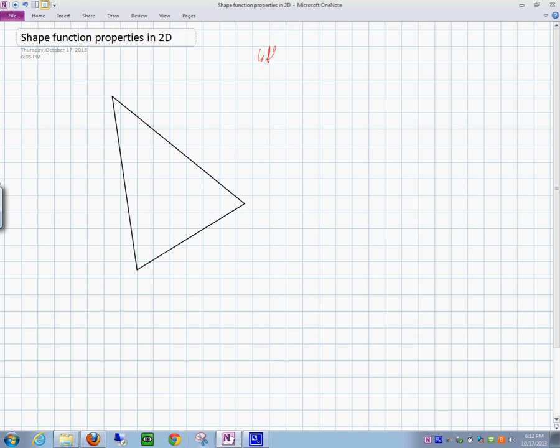How do we understand this? What is the purpose of a shape function? What do they do? What do they mean?